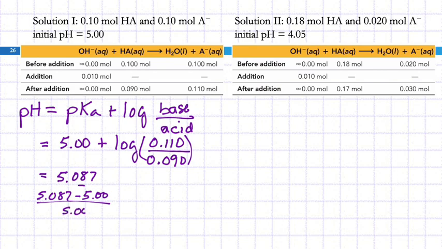Does the pH always equal pKa? If the moles of acid and base are equal, yes, because then this term is 1 and the log of 1 is 0. So I've got a 1.7% change. This is pretty small.